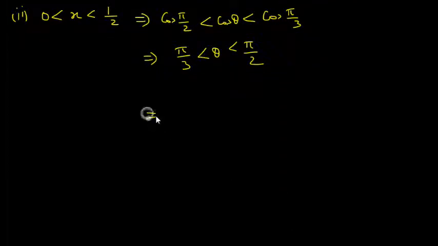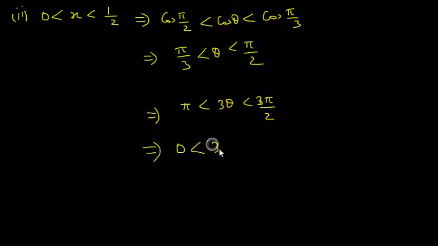Multiplying the whole equation by 3, we get pi less than 3 theta less than 3 pi by 2, which implies that 0 less than 3 theta minus pi less than pi by 2.